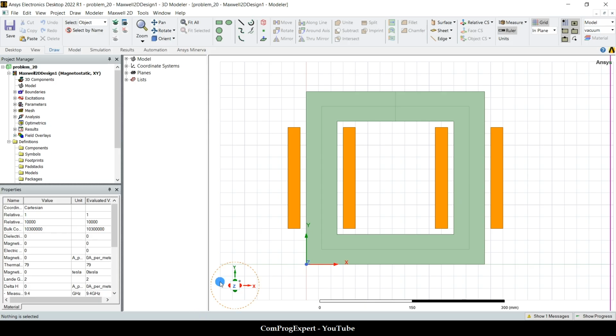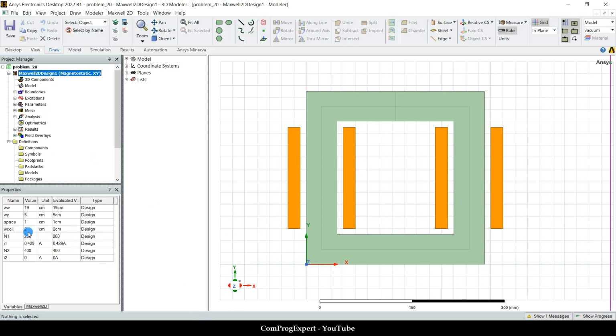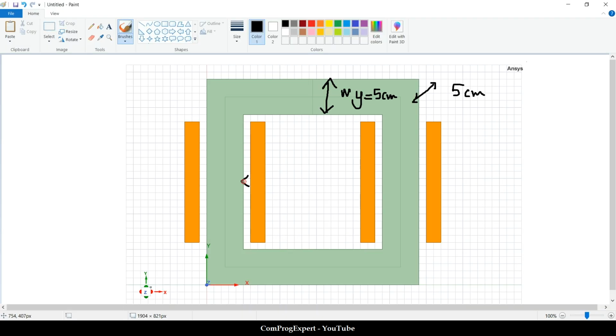Okay. So the next dimension is the width of the window. I considered it equal to 19 centimeter. This is a square, and this is the same as this one.